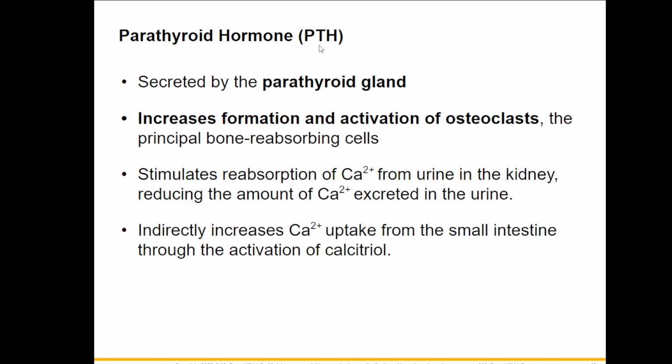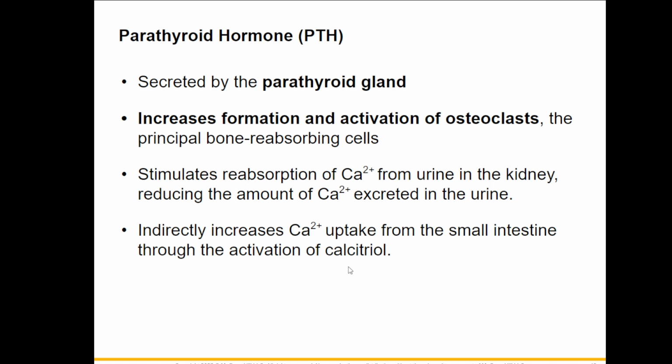Because the goal of your parathyroid hormone is to increase the amount of calcium in the blood. Okay, please do remember that. PTH, the goal is to increase the amount of calcium in the blood. That is why it increases your osteoclasts to break down your bones so that calcium in the bones will go to the blood.